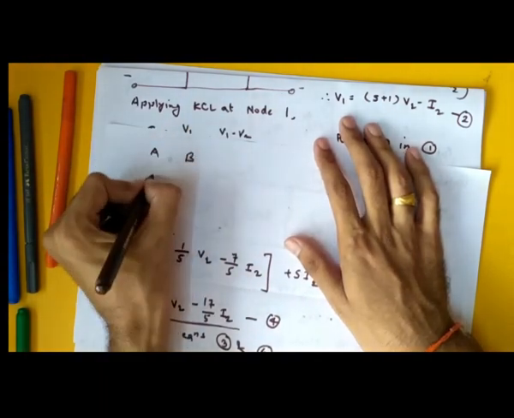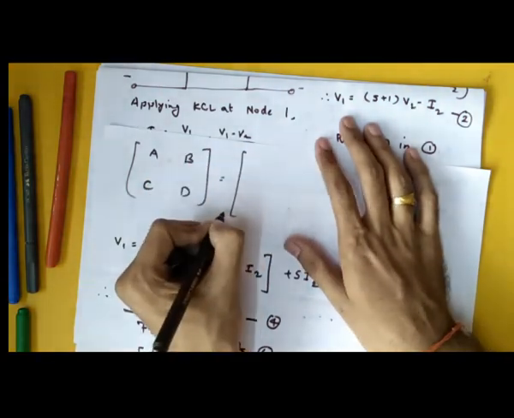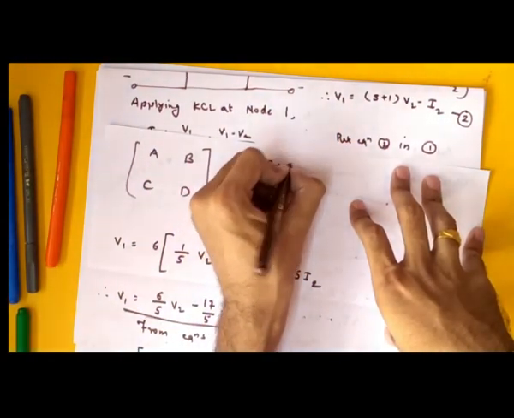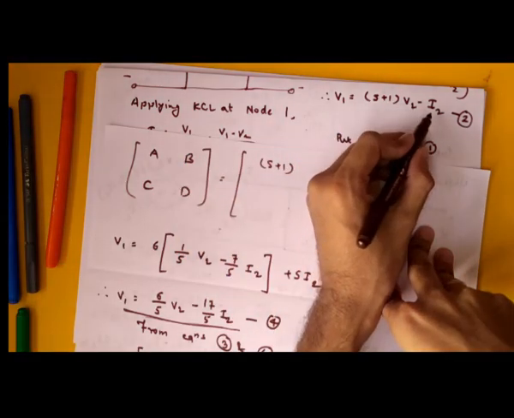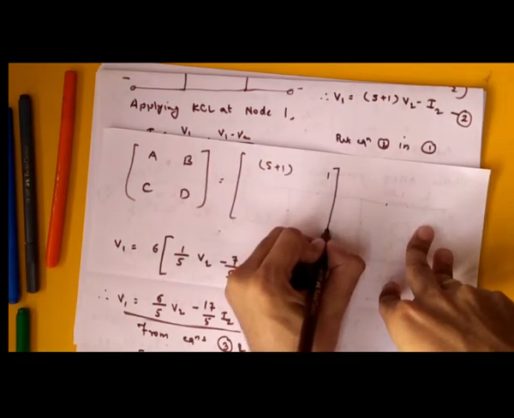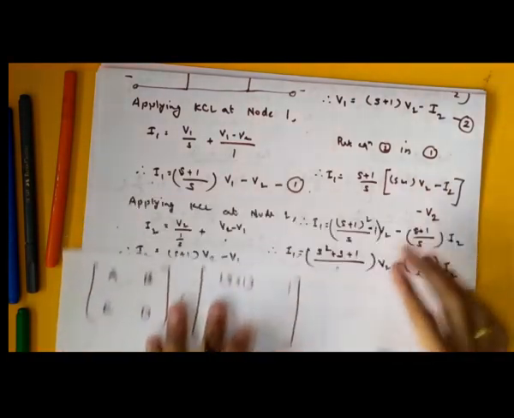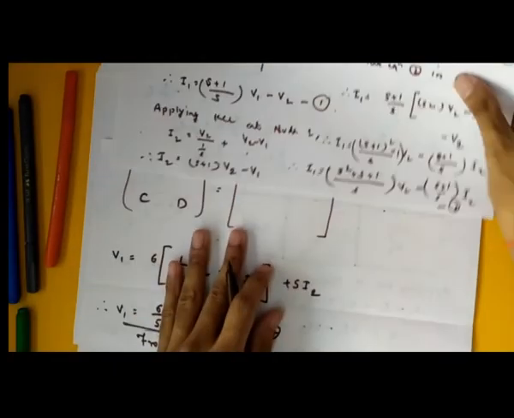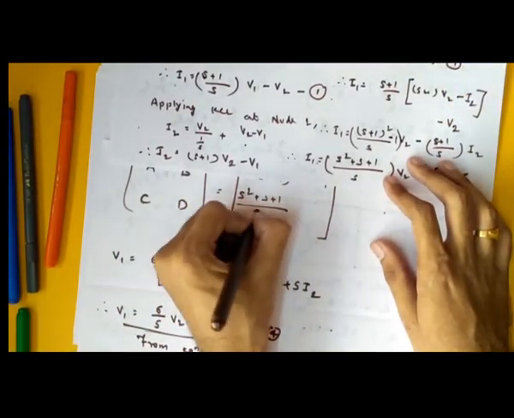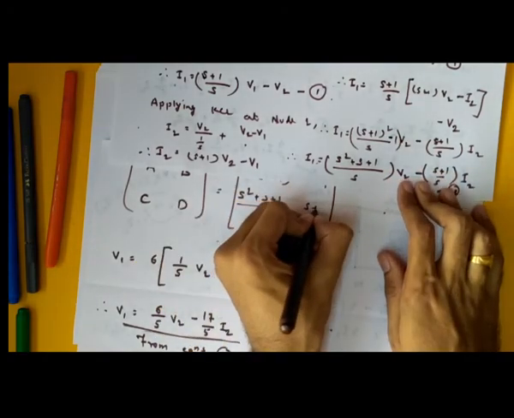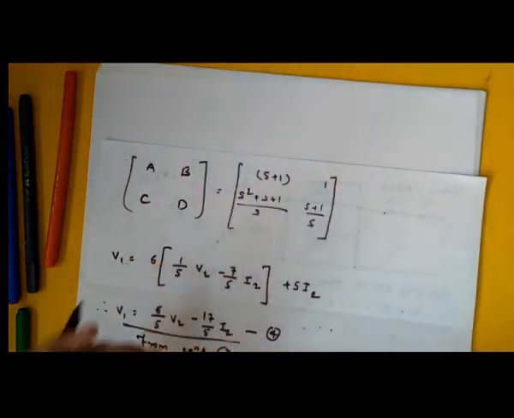So A, B, C, D. A will be S plus 1, then B is 1, C is (S square plus S plus 1) upon S, and D will be (S plus 1) upon S. Right? So this is your final answer.